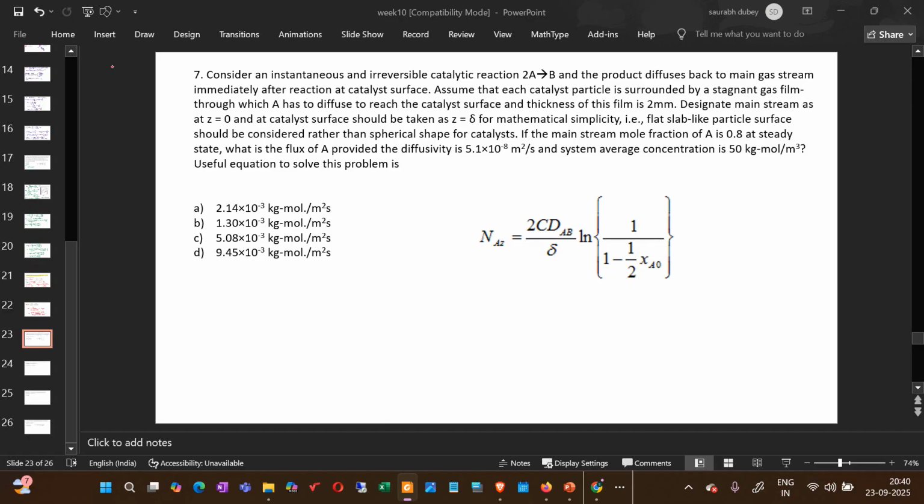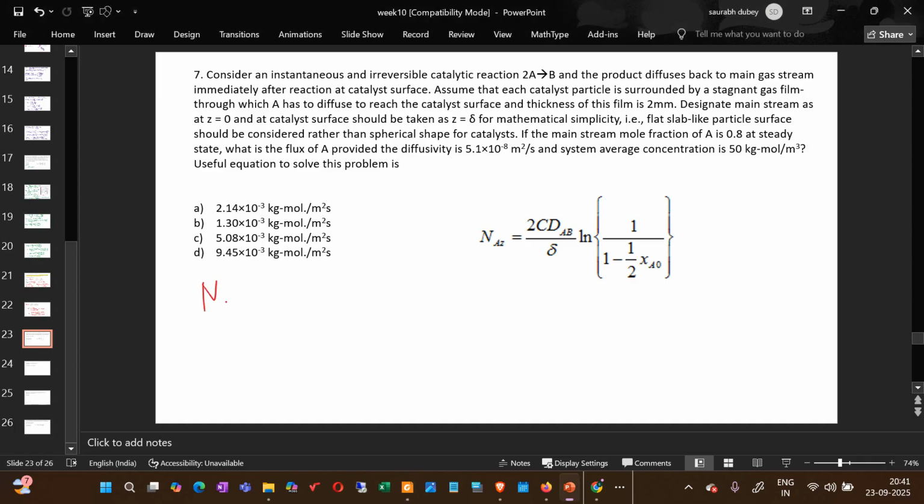So if you see, as per the problem, N_AZ is equal to C D_AB divided by delta, and ln of 1 divided by 1 minus half X_A0.